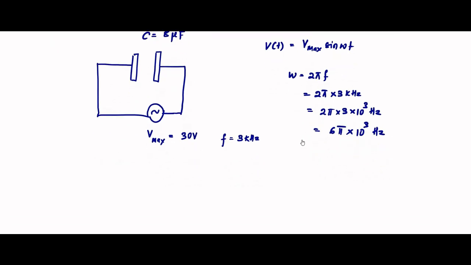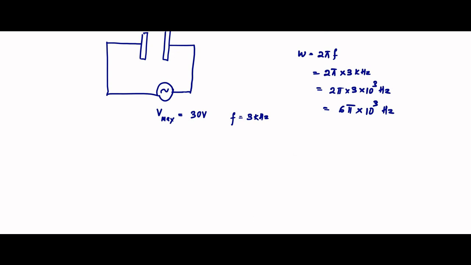So here we can write this alternating voltage as 30, the maximum value, sine 6 pi into 10 to the power 3 t.